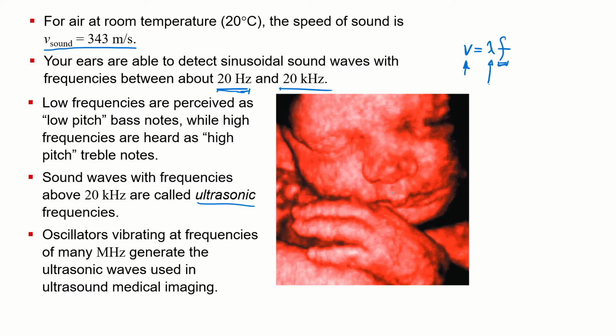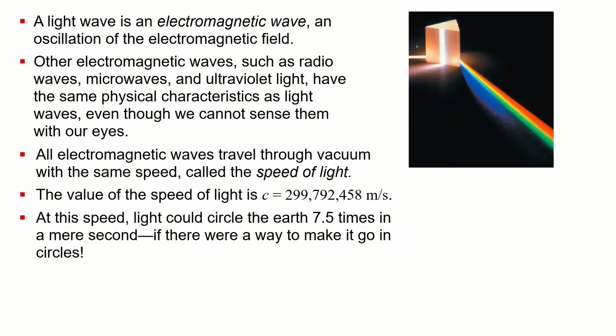But again, sound waves are just another type of wave we can describe with the same wave model we've been discussing. Another type of wave is light waves. Light is actually just an electromagnetic wave. We don't cover what electric and magnetic fields are in this course.